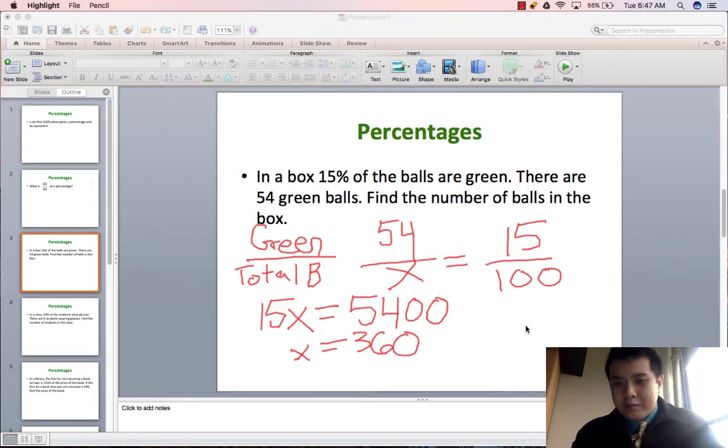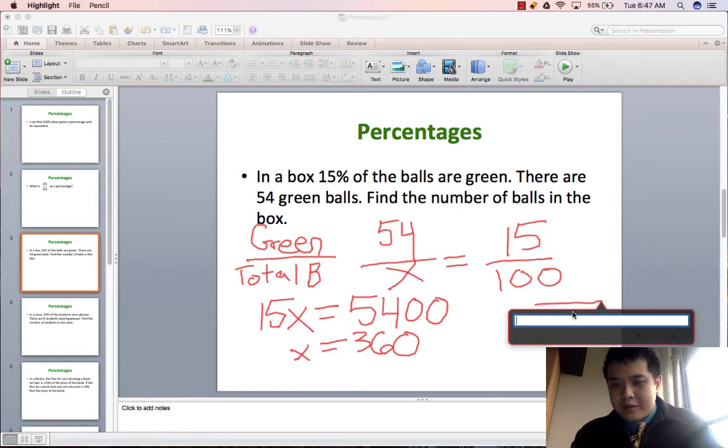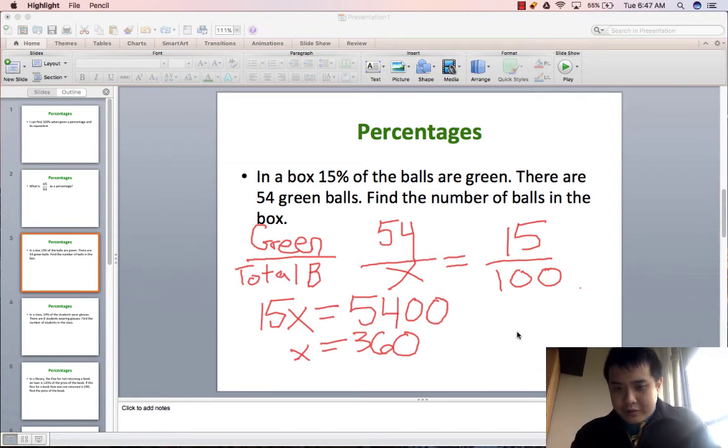I'm not going to show the work there, but it would be 5,400 divided by 15, which gives 360. And that would be 360 balls.